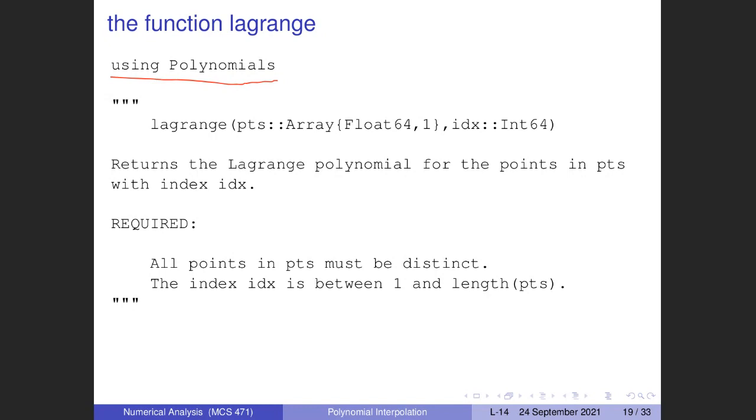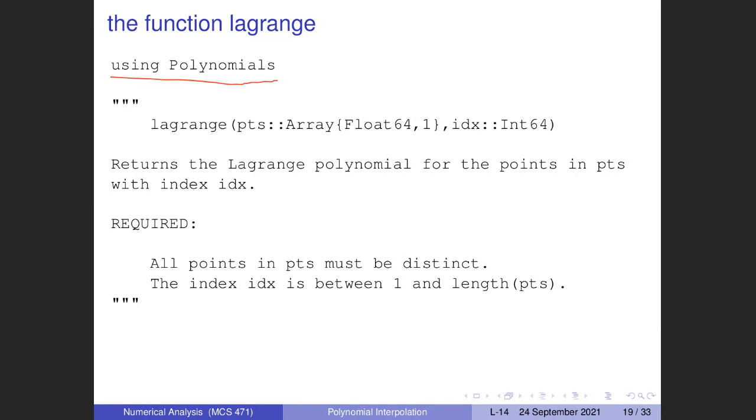So the Polynomials package is very convenient to convert coefficient vectors into polynomials, or to define polynomials from coefficient vectors. And we can multiply polynomials.